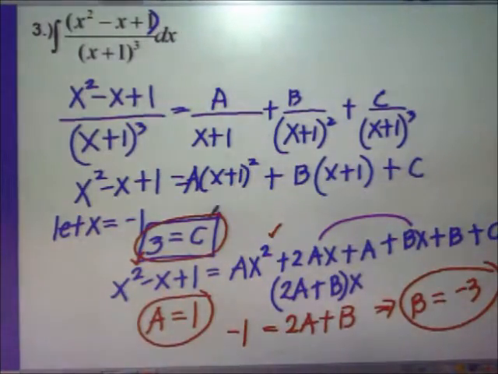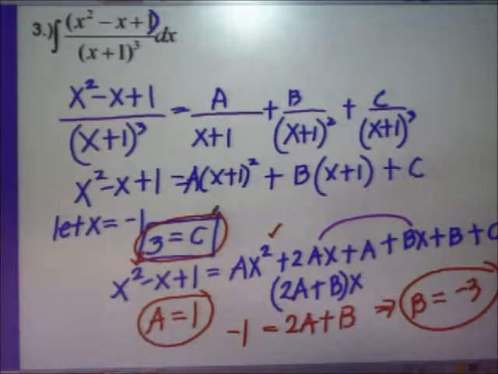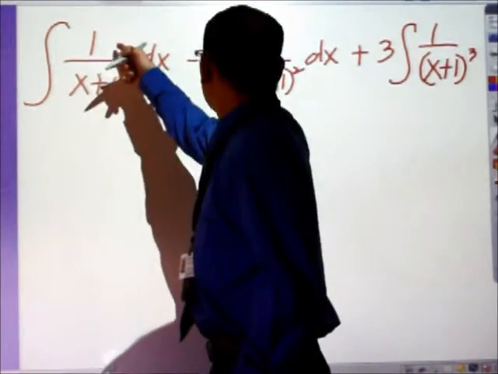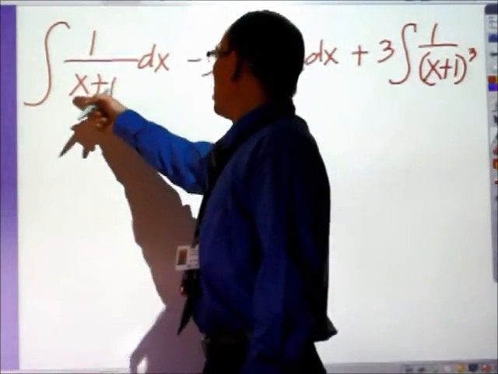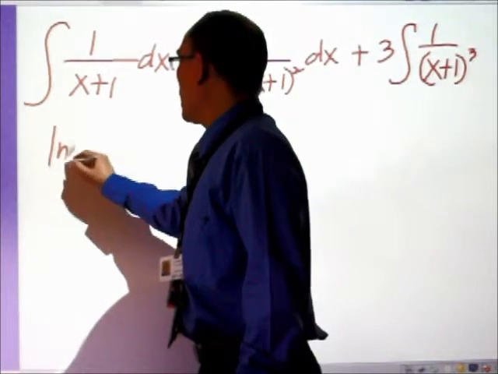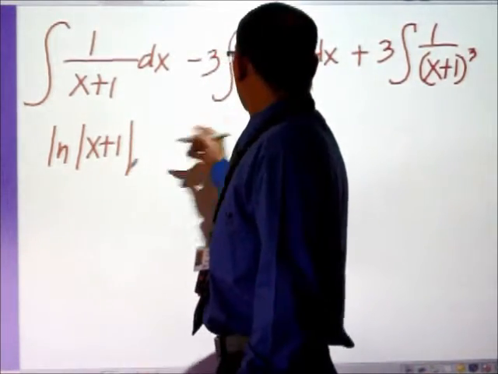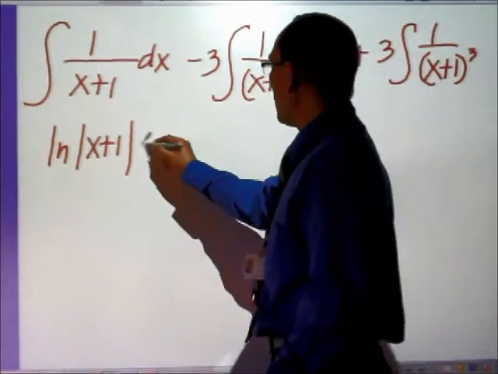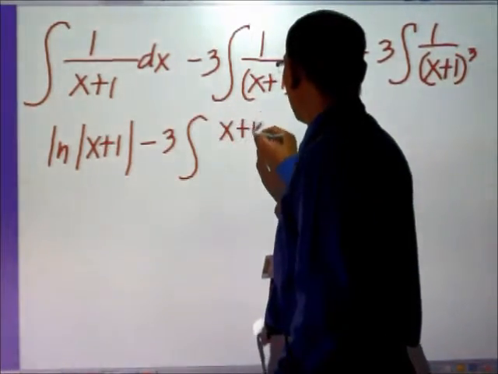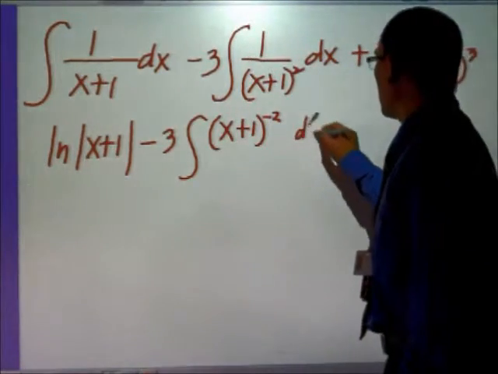So we are now ready to go ahead and plug those values in here. The first part, we have no problem with, because the derivative of the denominator x plus 1 is just 1, so we can just write ln|x plus 1|. But this one here, we can write as the integral of (x plus 1) to the power of negative 2 dx.